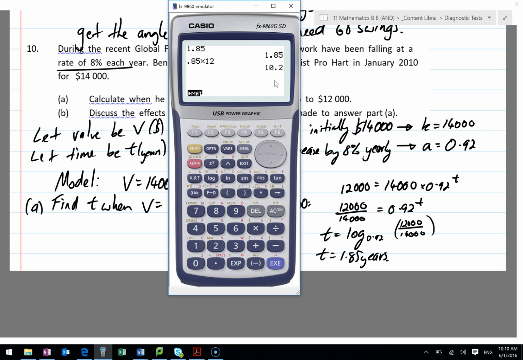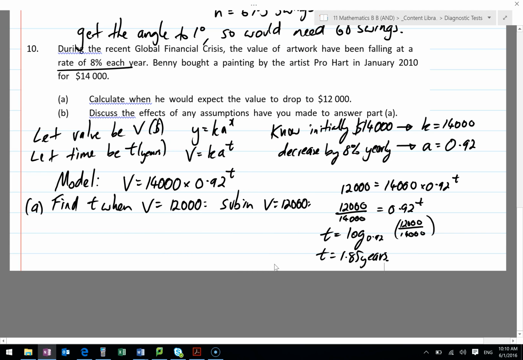So 1 year, 10 months, and 0.2 of a month, so 0.2 of 30 days. So 1 year, 10 months, 6 days, roughly.